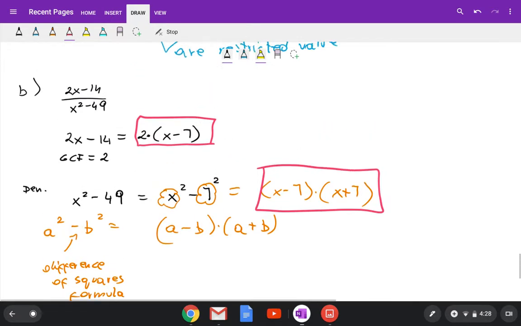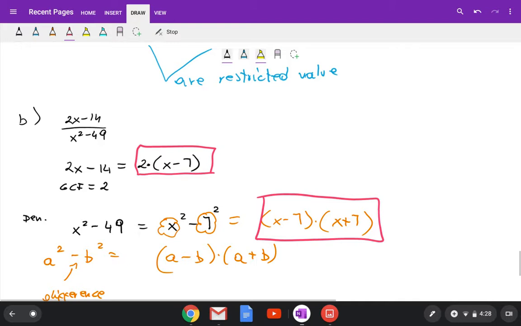So the next one, we're going back to our original problem, and we rewrite the numerator using the factors, which is the same as 2 times x minus 7. And we're going to rewrite the denominator using the factors, x minus 7 times x plus 7.